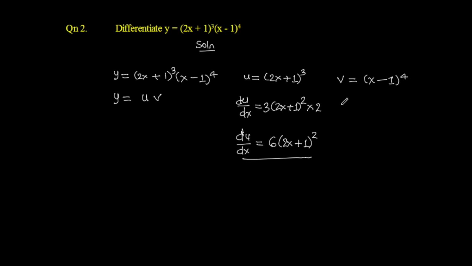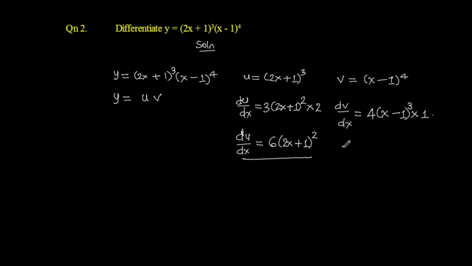Let's go and do the same to this v. So we have dv by dx. We differentiate in the same way, multiplying with the power, and that is 4. And then rewriting the inside component in the bracket, and then we reduce the power by 1. So we have here 3. Then we multiply by the derivative of what is inside the bracket, and that one is simply 1.